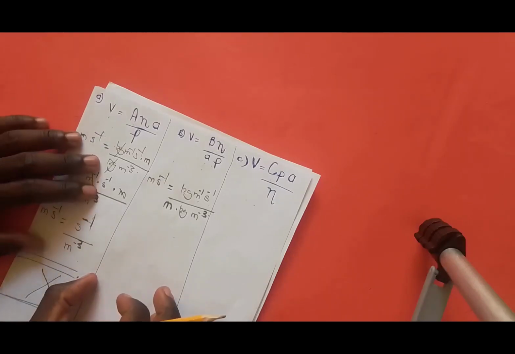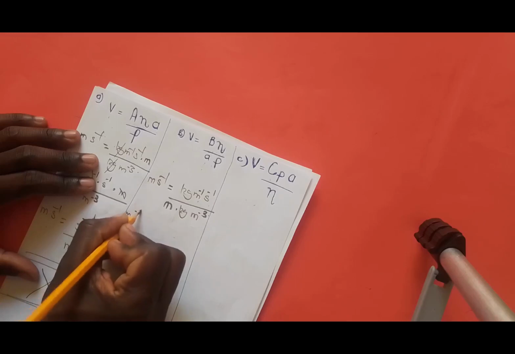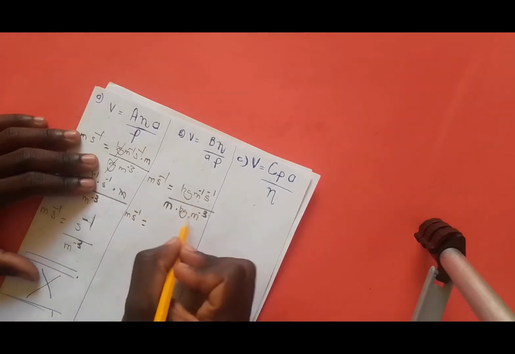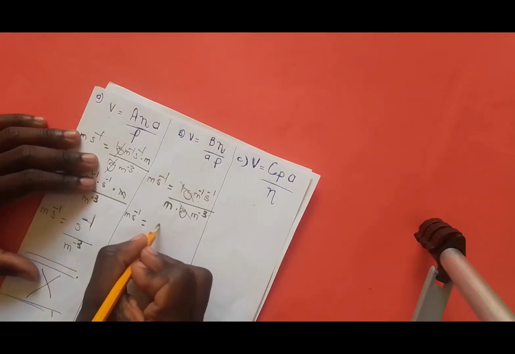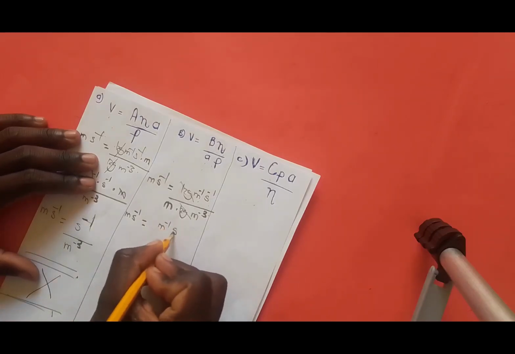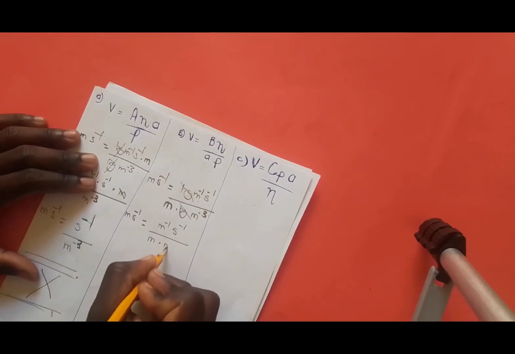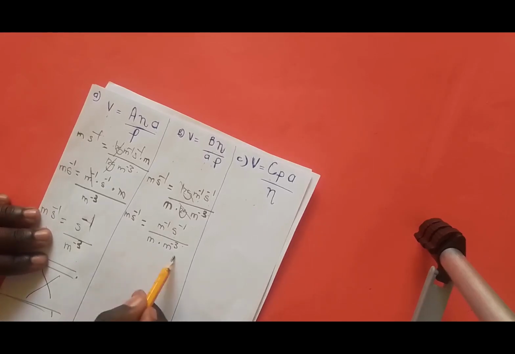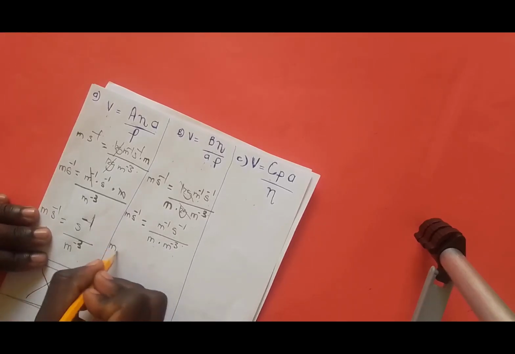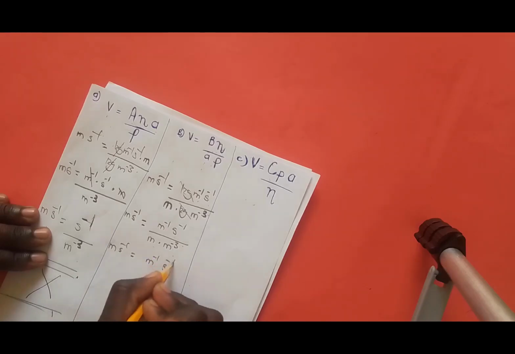If we start simplification, meter per second is now equal to kg. We cancel out kg initially, leaving us with per meter per second over meter times the cubic meter, right? Simplification of the denominator will lead to meter per second equal to per meter per second.